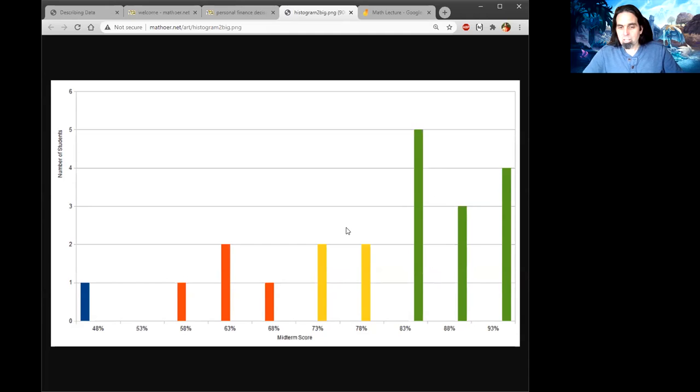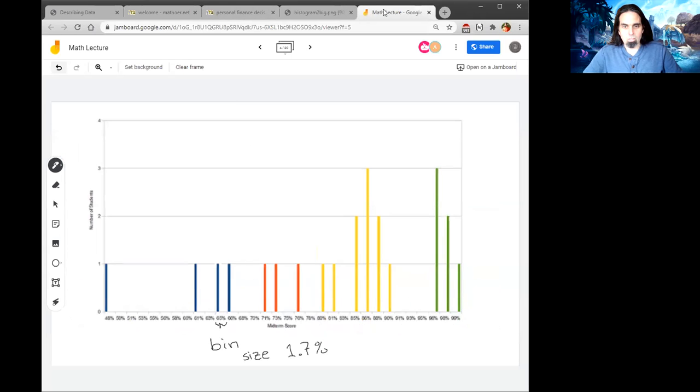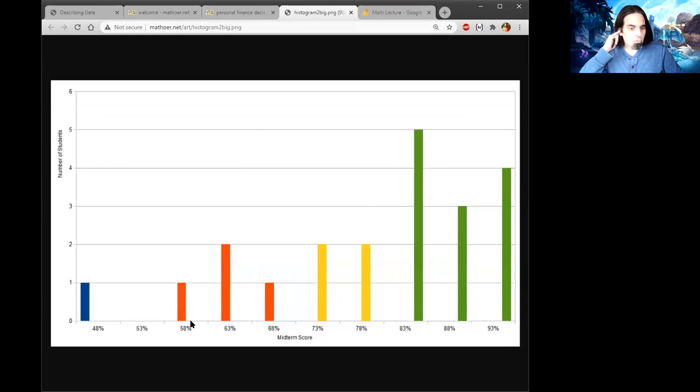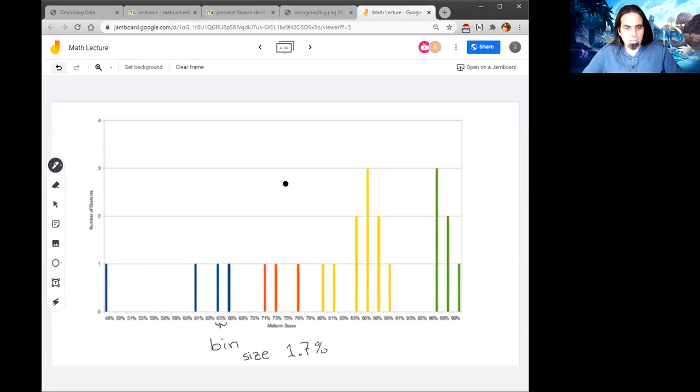Now, if I was trying to color code it by A's and B's and C's and D's, different students would get different grades. The people that were at 58 look like they belong with sort of a third group in this one, whereas here the 58s, 58 to 62, that was this student here in the blues. They were getting a low D.